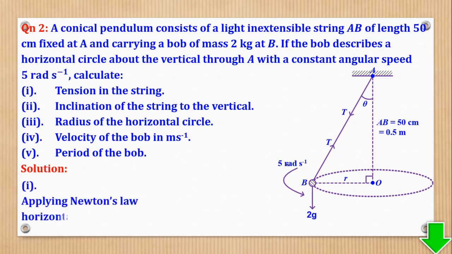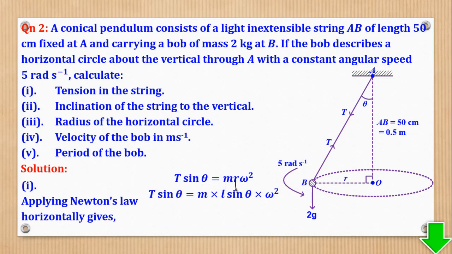Then we shall start applying Newton's law horizontally. T sin theta is equal to the centripetal force. Then we can substitute the radius. Remember that radius is L sin theta. So this sin theta can cancel. You remain with that. Therefore, I can now substitute the mass, length, and omega to give you the tension of the string.